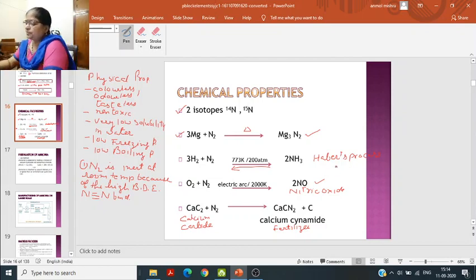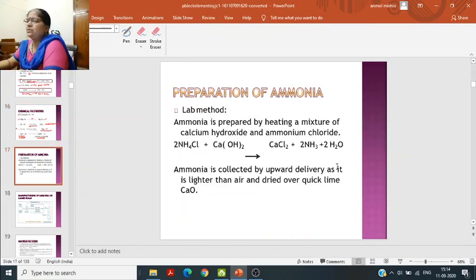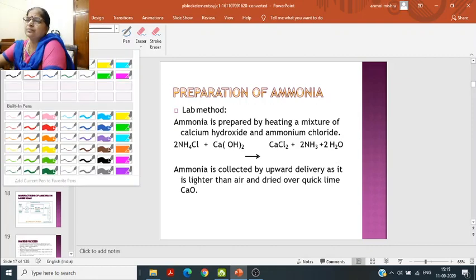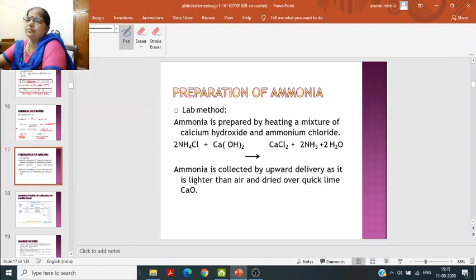Now the first, that is uses of nitrogen, is left, so we will do these two uses of nitrogen. Uses of nitrogen.